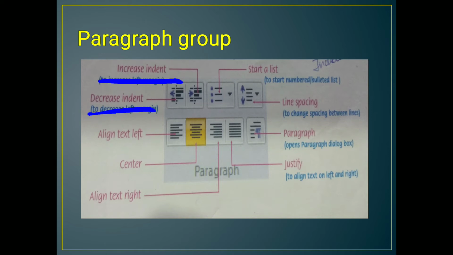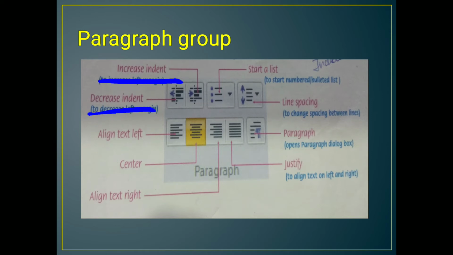By pressing the increase indent button on the toolbar, the indentation function is called. The distance between the current paragraph and the left page margin is increased. Each time you click the increase indent button, the left margin increases. In the same way, decrease indent is the opposite, used to decrease the left margin.